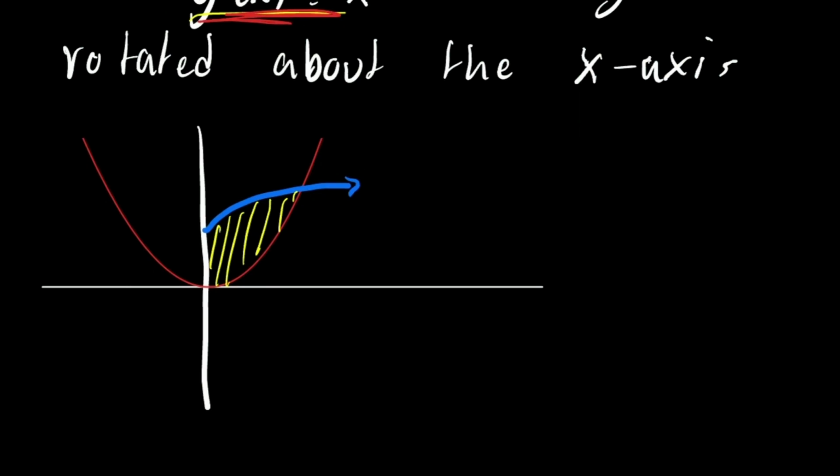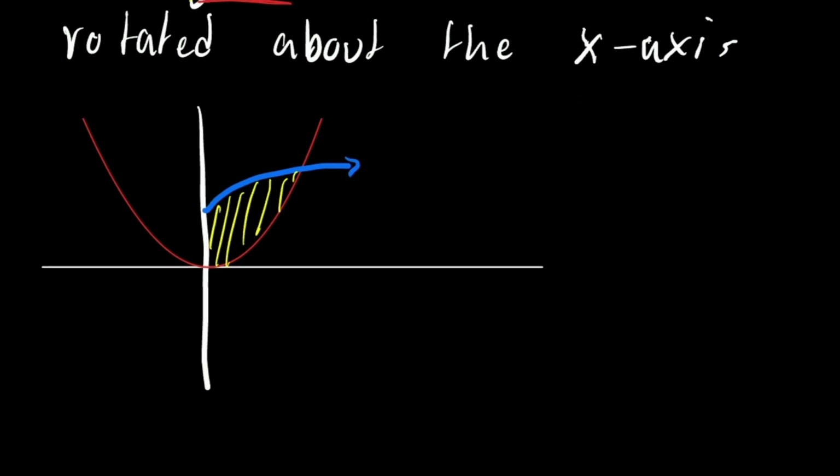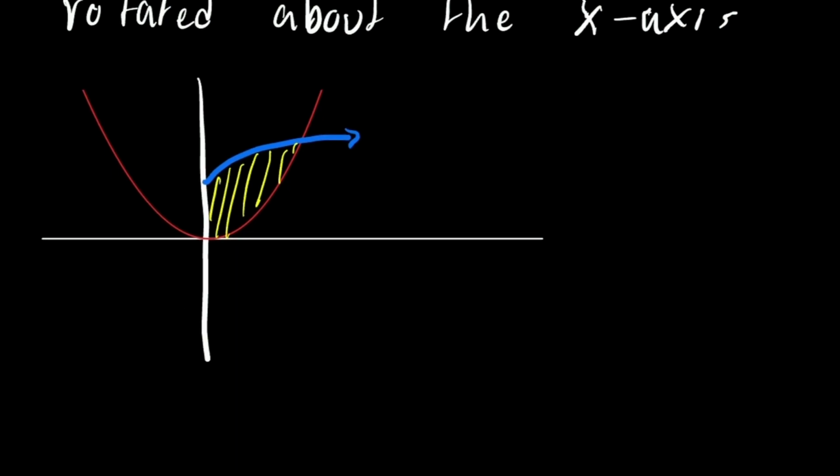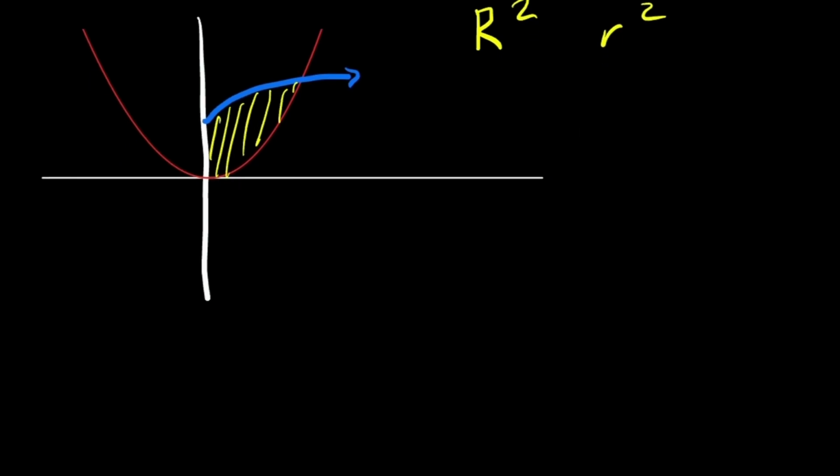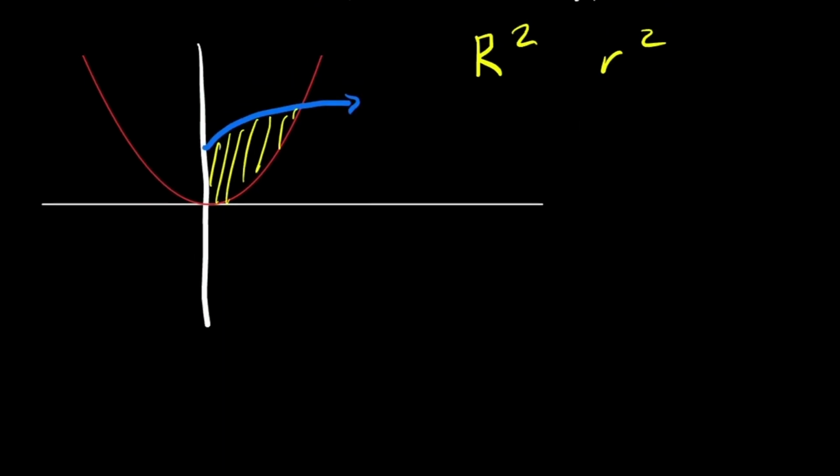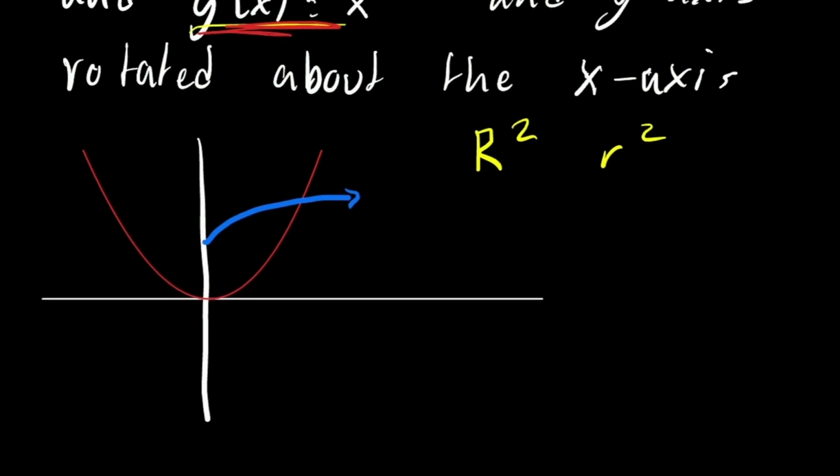But you've learned everything that you need to know, because all you need to know is the distance, our big R squared and our little r squared. Ooh, let's not use orange. So if we erase this, we're rotating about the x-axis.